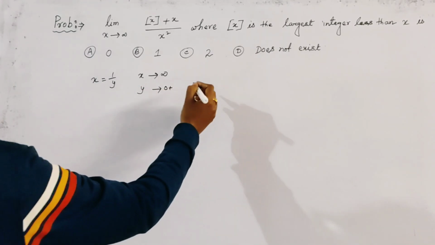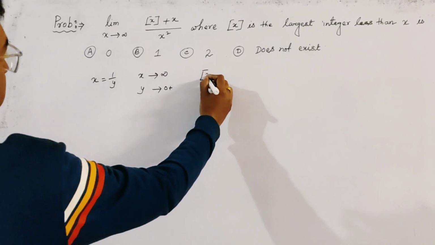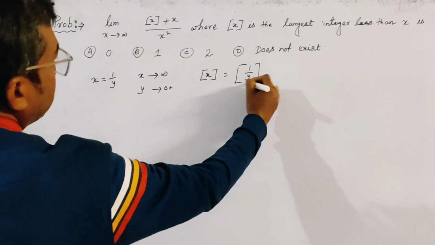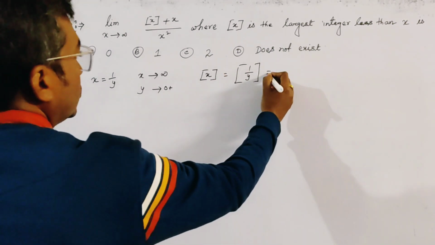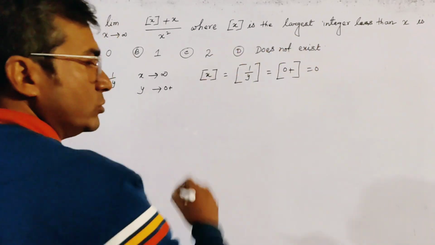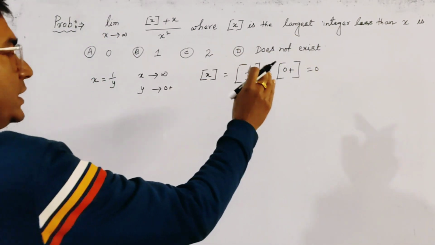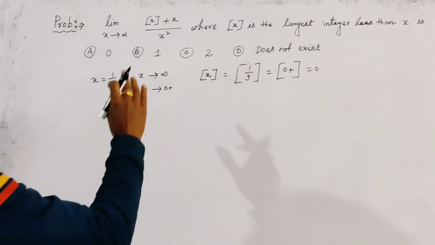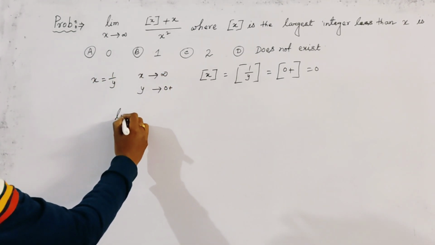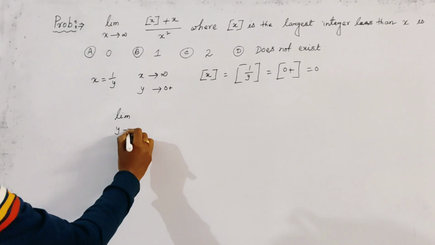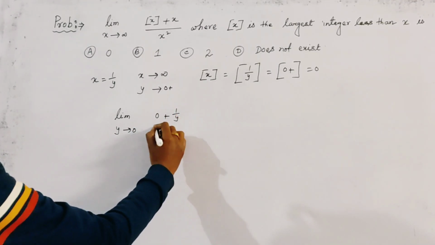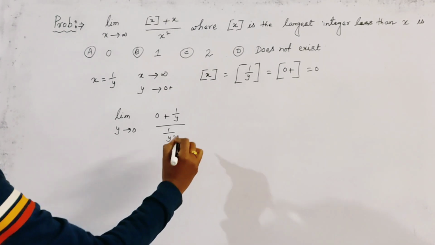In that case [x] = [1/y], and this is equal to [0+], so this is 0. Since the integral part of a small positive number is 0, the limit becomes limit y tends to 0 plus of (0 + 1/y) / (1/y²).